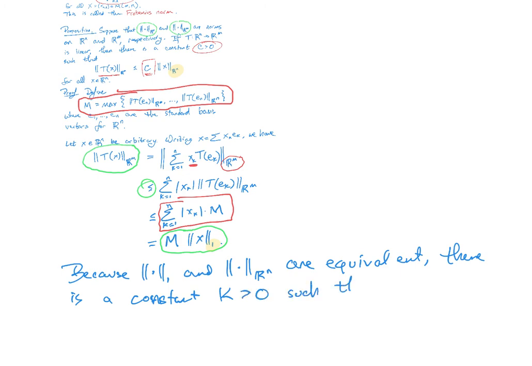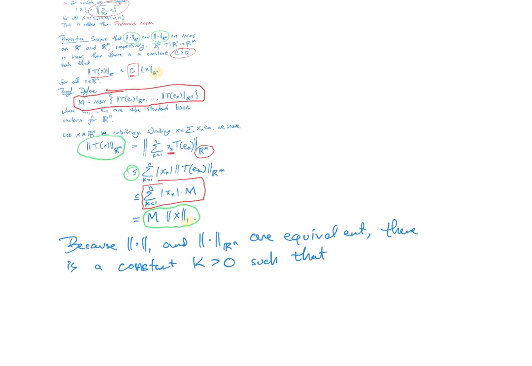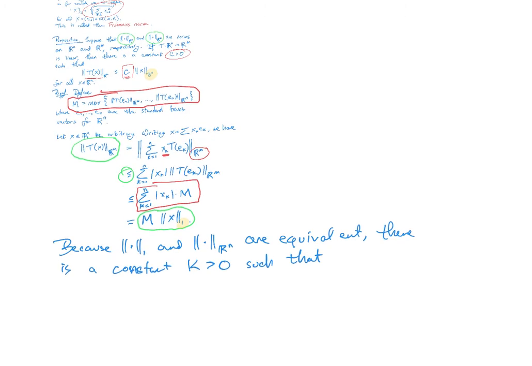So we're only really using half of the equivalence here, only the half we need. And what's true, such that, because we've already defined x to be arbitrary, what I really want to say is that this is true.